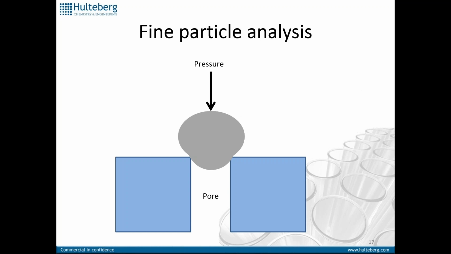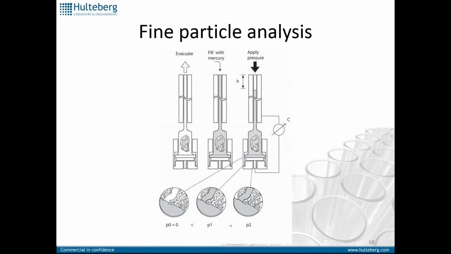And this is a representation. We apply pressure, then mercury goes into the pore once we've applied high enough pressure. And since mercury is conductive, we actually have a very nice way of measuring the volume that goes in by measuring the conductivity of this stem part here.